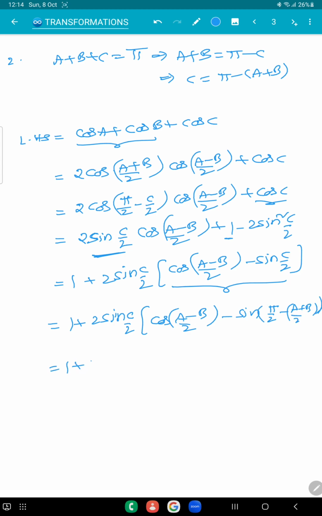So that is equal to 1 plus 2 sine c by 2 times cos (a minus b) by 2. Sine (pi by 2 minus theta) is cos theta.